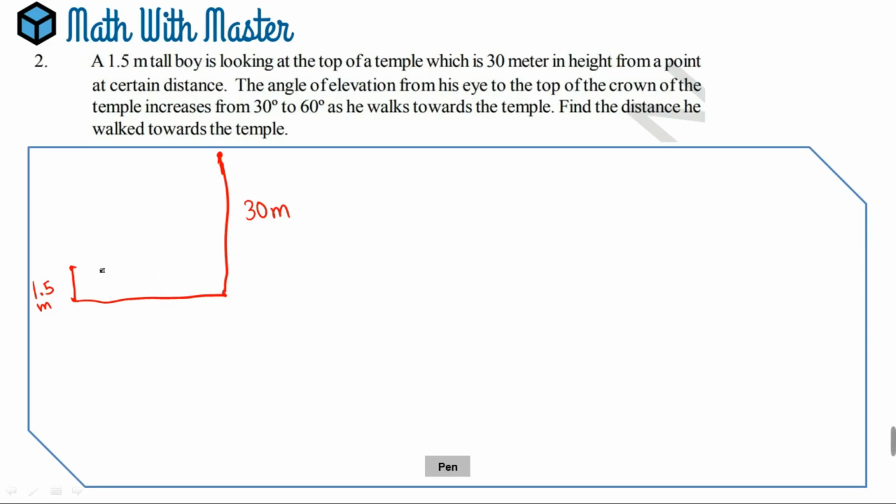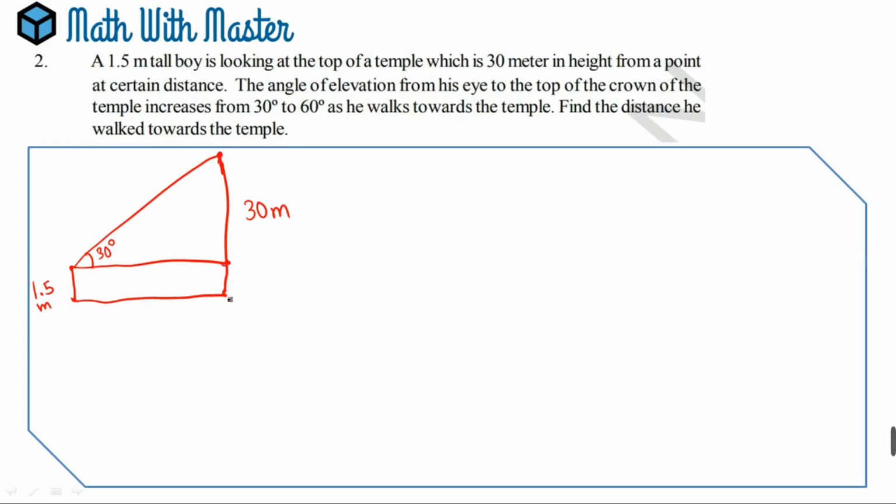Means at first he had 30 degree angle of elevation. So this is 30 degree angle of elevation over here from his eye.